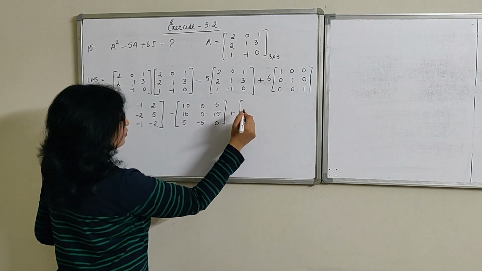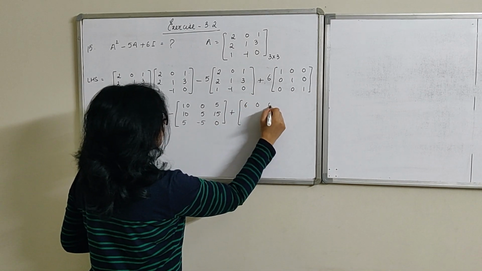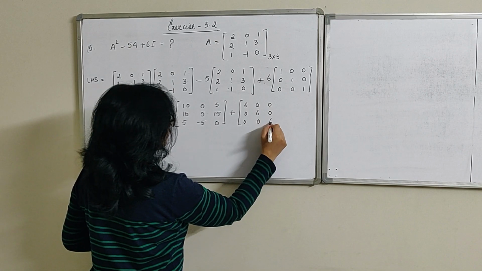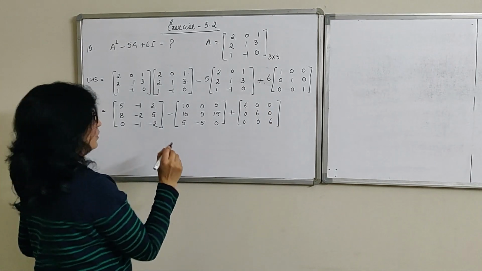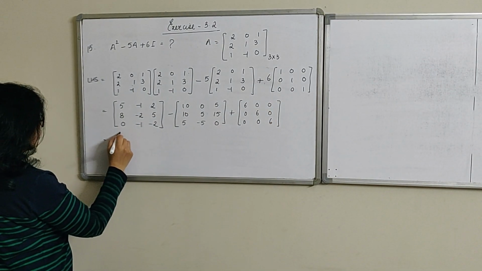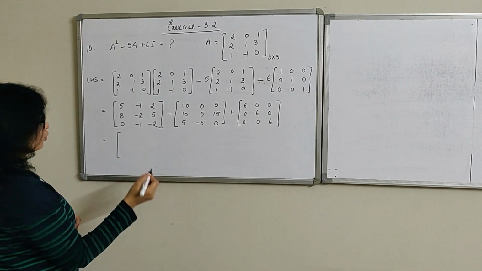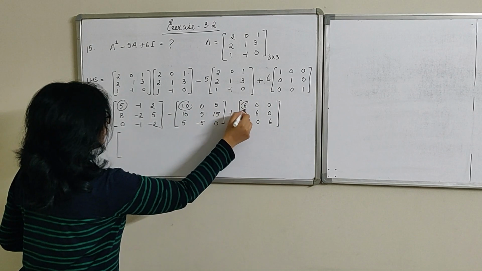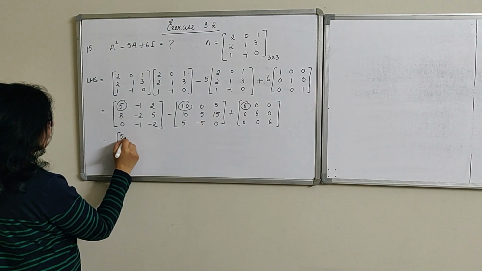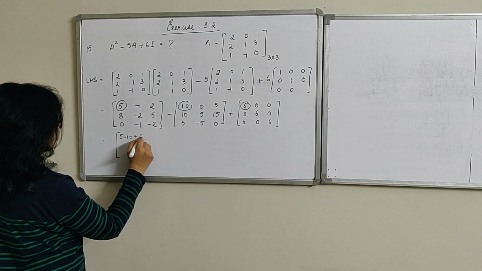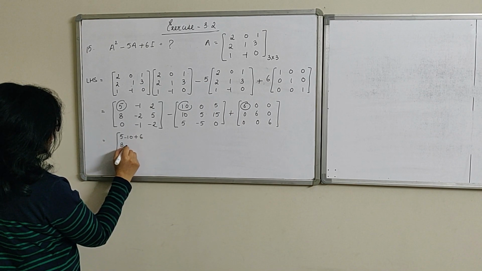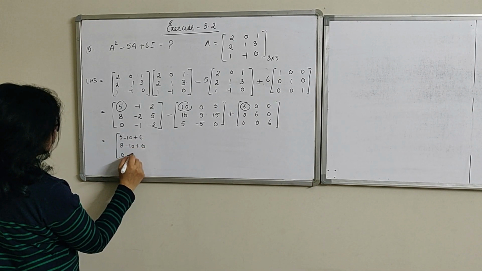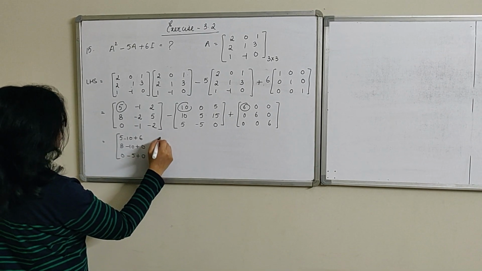Here again, performing scalar multiplication. All matrices are 3 by 3 matrices, so addition and subtraction is possible. We can do it in one step. So taking the first elements here, so it is 5 minus 10 plus 6. Next 8 minus 10 plus 0. 0 minus 5 plus 0.